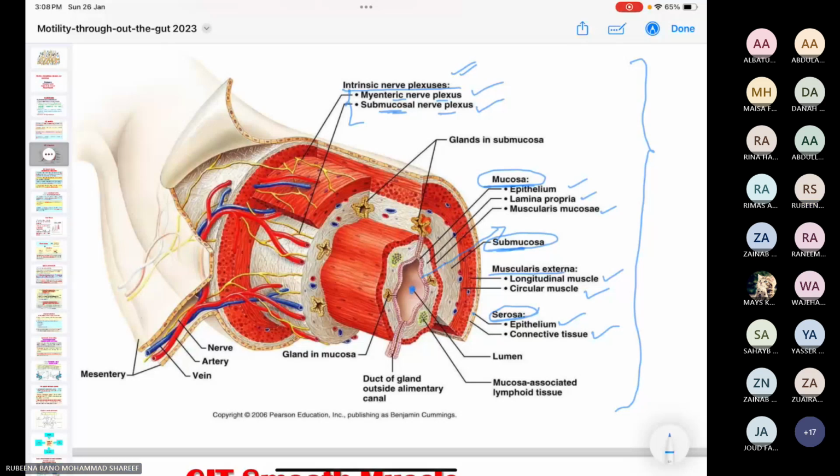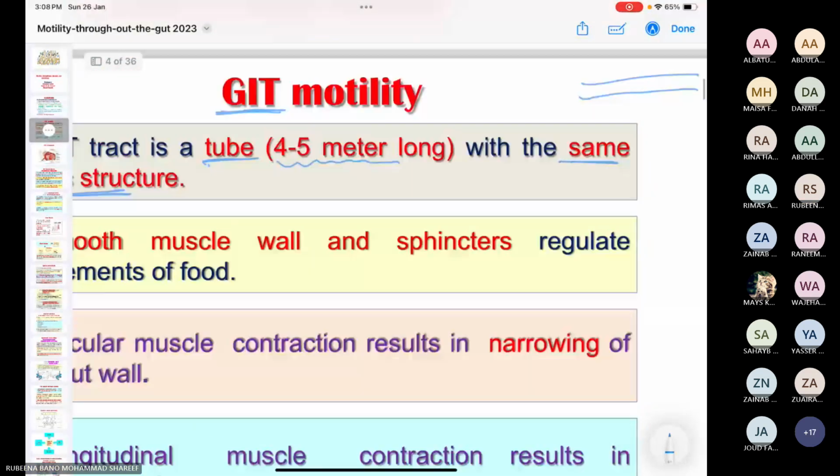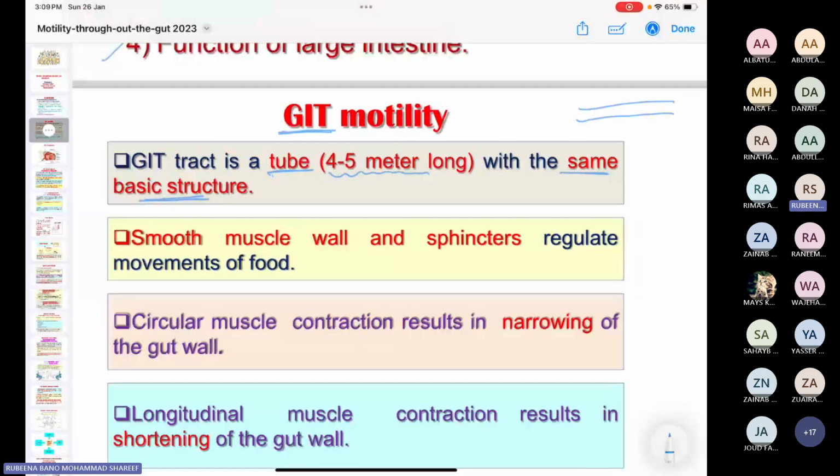Okay, here. So, as I said, that GI tract is a tube which is 4 to 5 meter long with the same basic structure. Okay, it has a smooth muscle wall. GIT is smooth muscle.